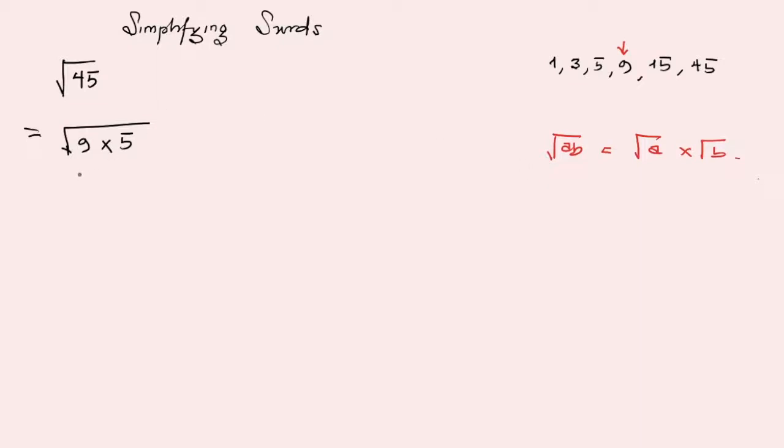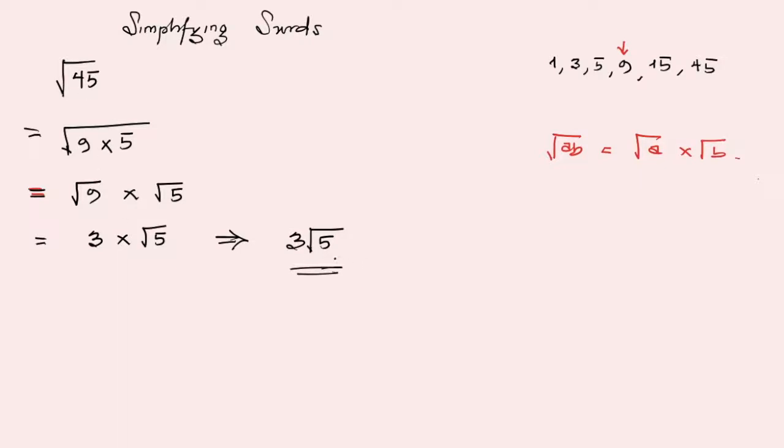So we can rewrite this as the square root of 9 multiplied by the square root of 5. The square root of 9 is 3, so this expression is equal to 3 root 5. And this is the simplest surd that can be derived from the square root of 45.